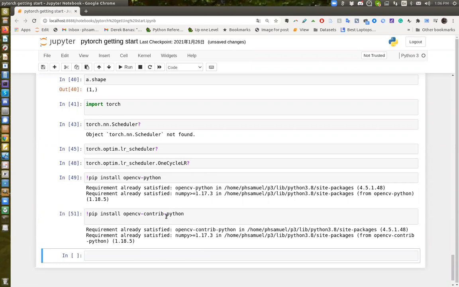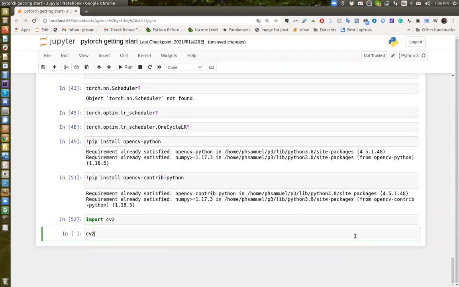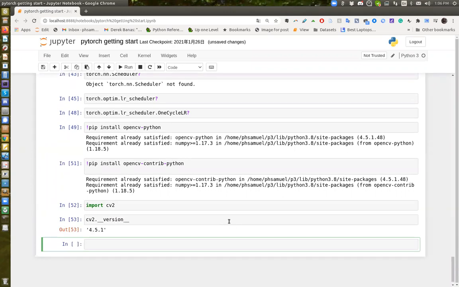I just tried yesterday with the most recent version, 4.5.1. SIFT is available, but SURF is not, at least if I install just like this with pip install. I cannot run SURF right away.